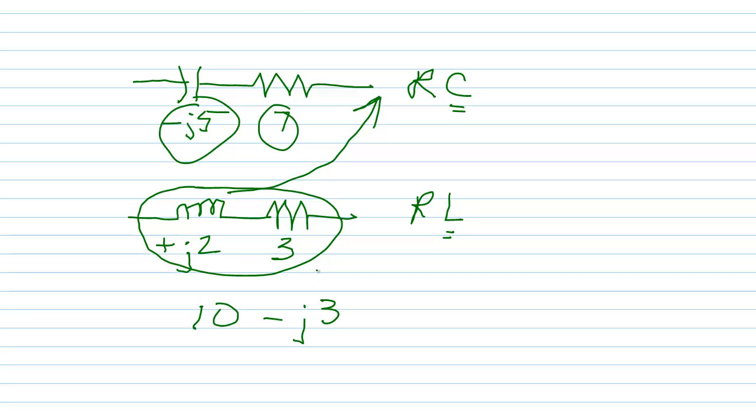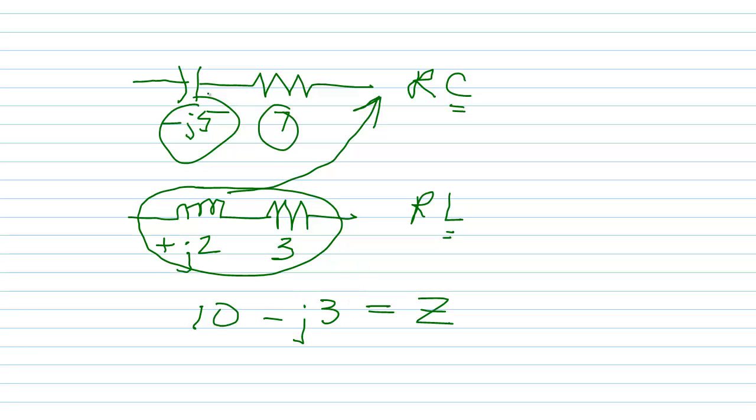So if we connect all 4 of these components in series in any sequence whatsoever, we're going to get the equivalent impedance, symbolized Z, of 10 minus j3. That's going to be the complex impedance.